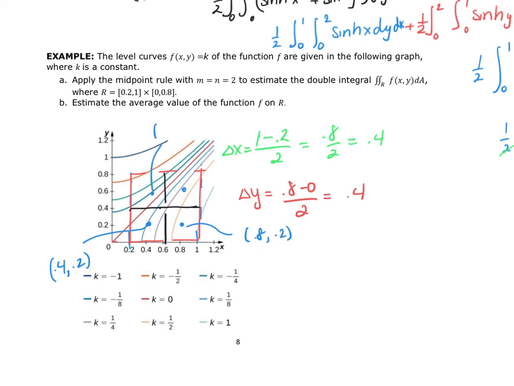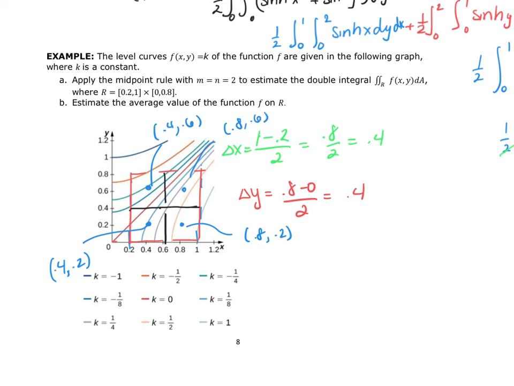This one here looks like it's going to be 0.4 and maybe 0.6. Looks like it's 0.6, should be 0.6, yeah. So 0.4, comma 0.6. And then this last one is going to be 0.8 and then 0.6.